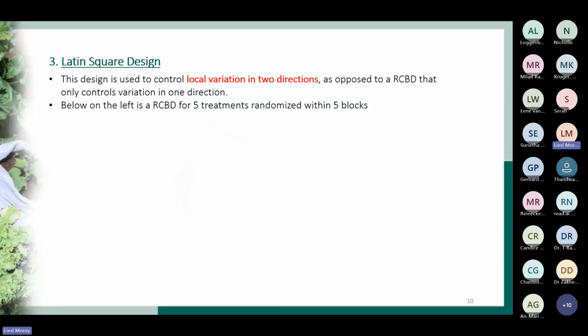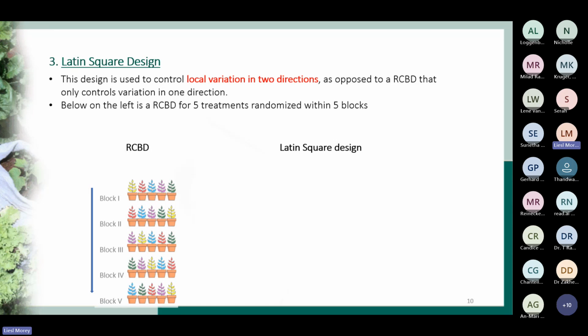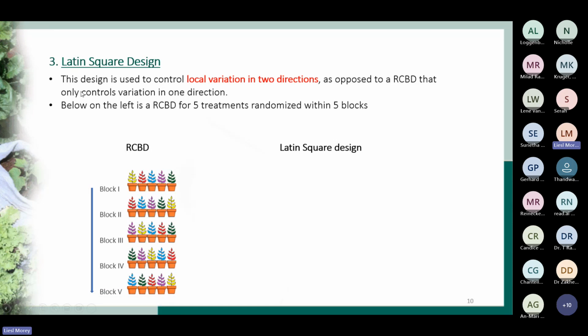The third type of experimental design is the Latin square design. This design is used to control local variation in 2 directions, as opposed to a randomized complete block design that only controls variation in 1 direction. So here on the left, I'm going to show you the randomized complete block design. We have 5 treatments randomized within 5 blocks. I've laid the blocks out in the direction of the variation.